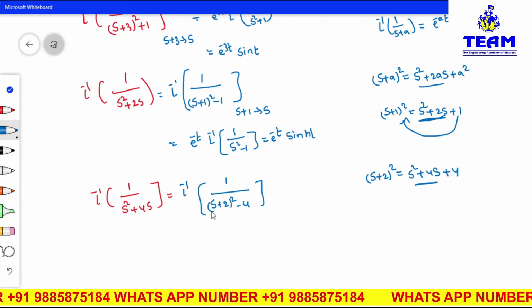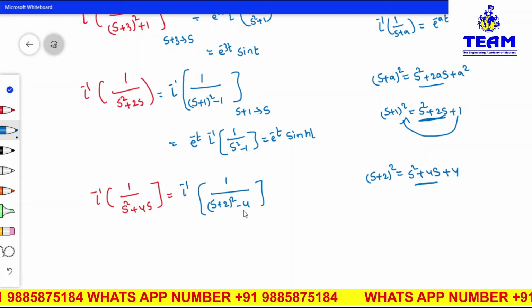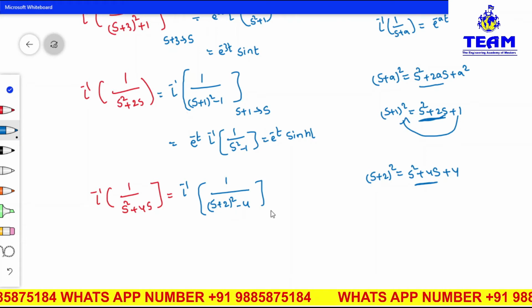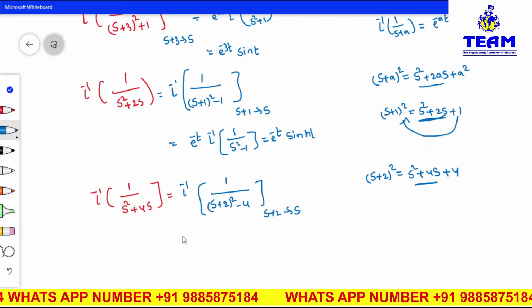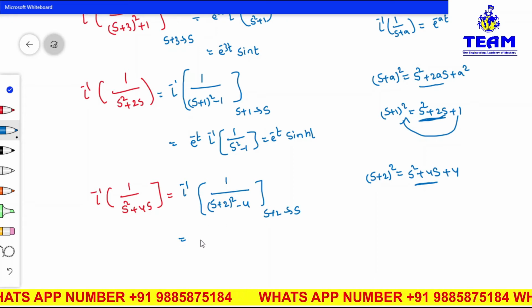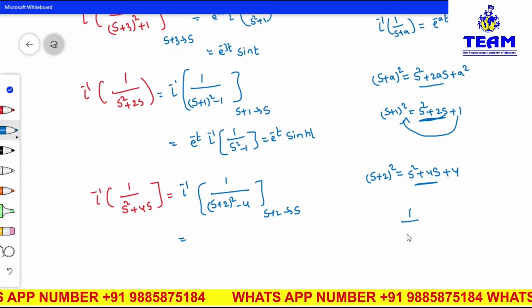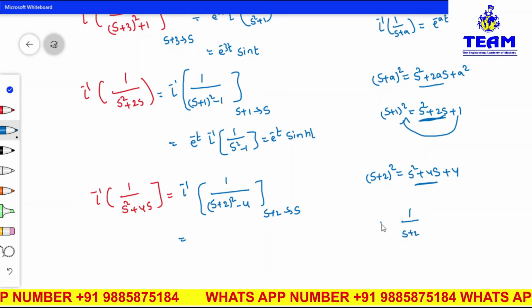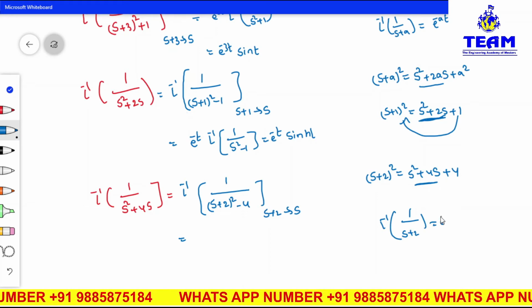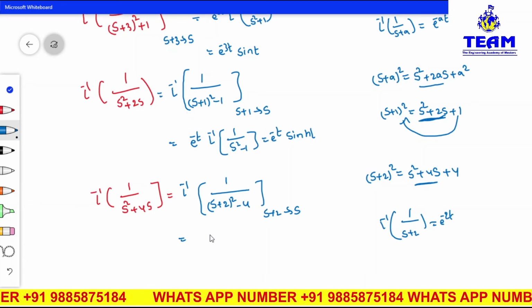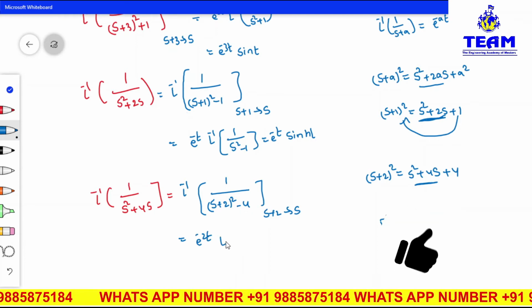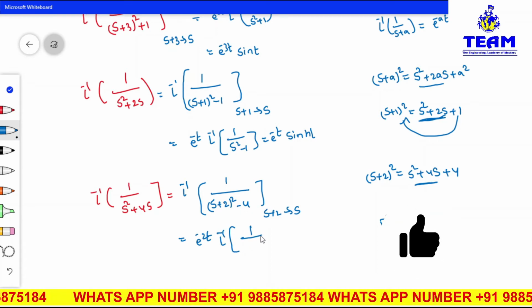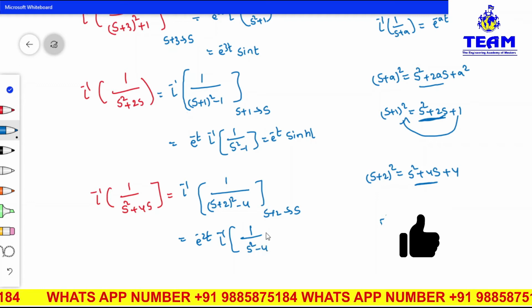Now you observe, friends, we need s square minus 4, but here you have (s plus 2) whole square. So you have to write s plus 2 as s. For that you have to apply the shifting theorem. In this case, you know the formula, L inverse of s plus 2 gives e to the power of minus 2t. Now this will be e power minus 2t into L inverse of 1 by s square minus 4.